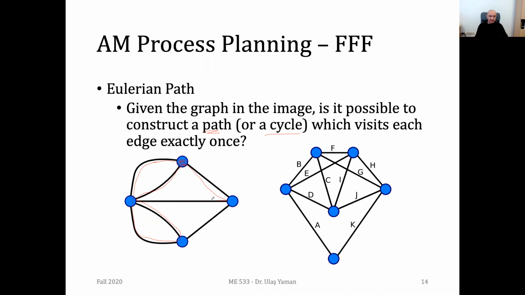But as you see, I cannot do it without stopping extrusion, so I cannot have a continuous path. So here I need to stop the extrusion, go to another point here, and then have another set of printing. So I couldn't do it with a single motion. Now, can I do it with this one? It's a bit more complicated.